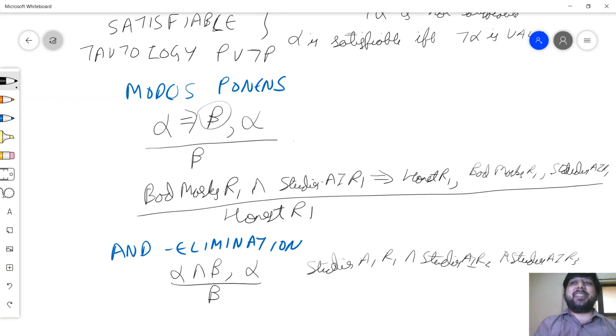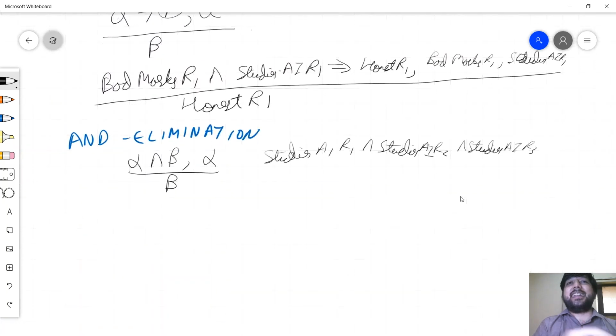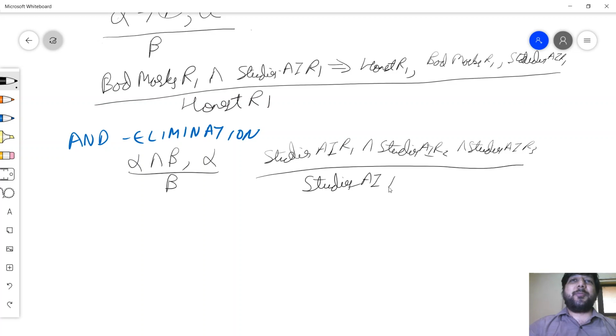So I was given R1, R2, R3, study AI. Studies AI R1, studies AI R2, studies AI R3. From there I derive a beta, which is studies AI R1, and that's, if you observe, exactly what I fed around over here. So I had already done the AND elimination.